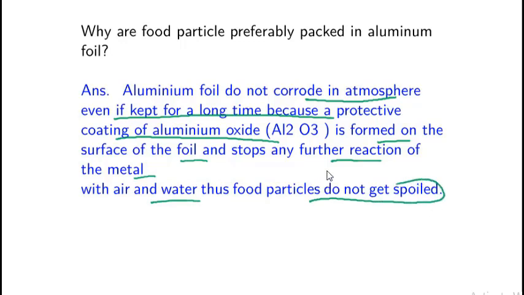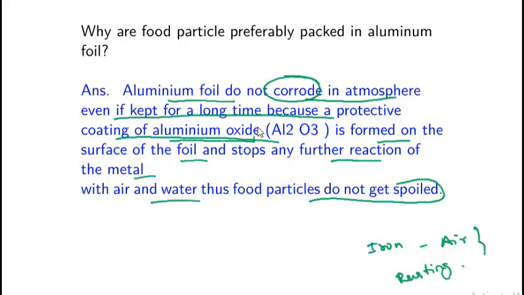So to prevent corrosion, have you seen that when iron is kept in moisture or air, what happens? It is going to react with oxygen and you are going to see the formation of rust, right? In the same way, aluminium foil does not corrode with the atmospheric air when it is kept for a long time, because it reacts with oxygen and forms aluminium oxide.